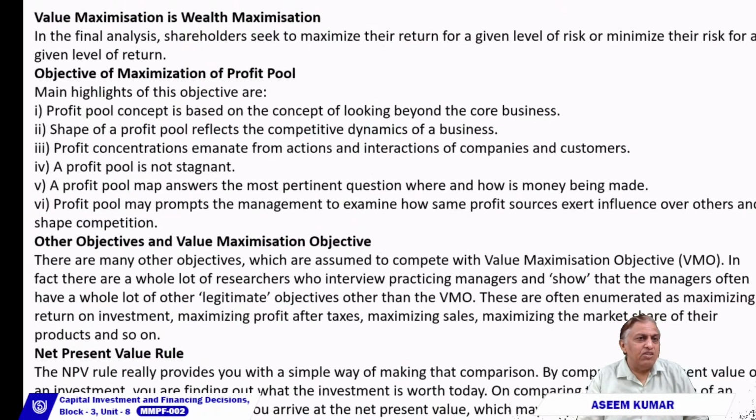After wealth maximization, we have value maximization also. So it is the indirect route. The value maximization is the wealth maximization. In the final analysis, shareholders seek to maximize their return for a given level of risk or minimize their risk for a given level of return.